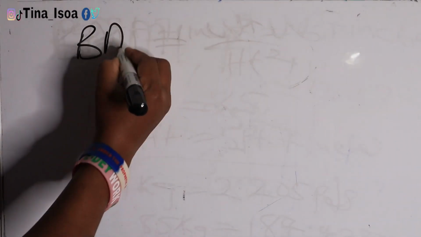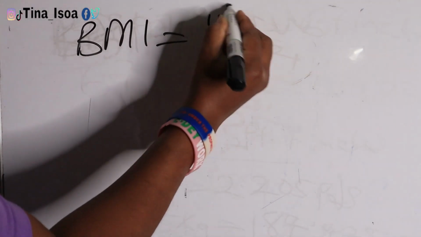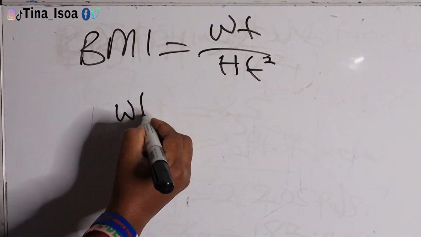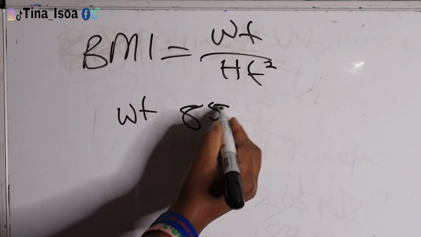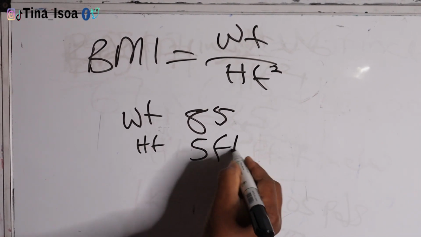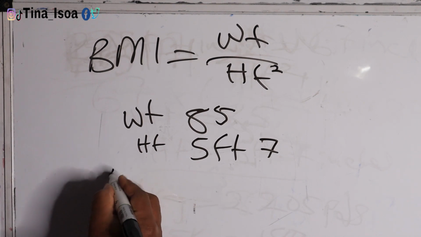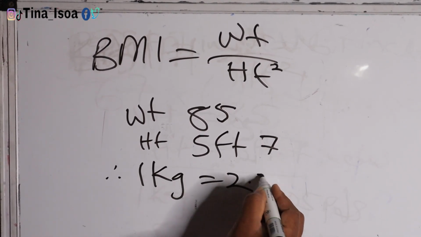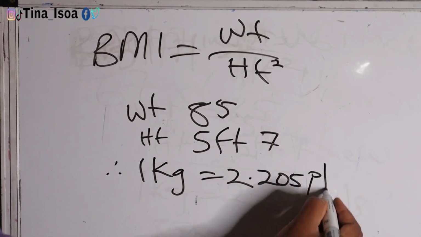So using my own values, let's dive right into the calculations. My weight is 85 kg and my height is 5 feet 7 inches. To get my weight in pounds, 1 kg is equal to 2.205 pounds.